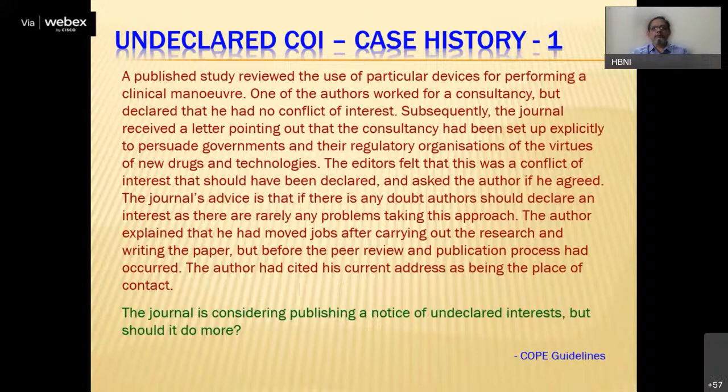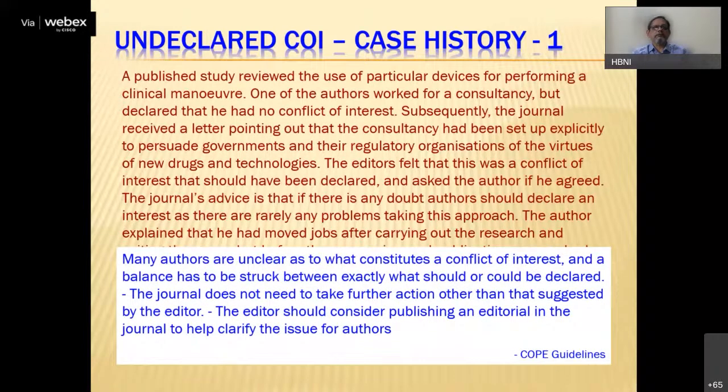This involved probably some issue with ethics. They felt that since the work was done at the previous place, he must declare a conflict of interest. So the journal considered publishing a notice of undeclared interest, but COPE's forum was asked whether they should do anything more.